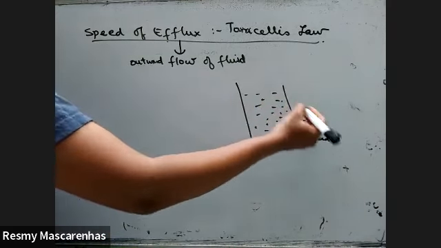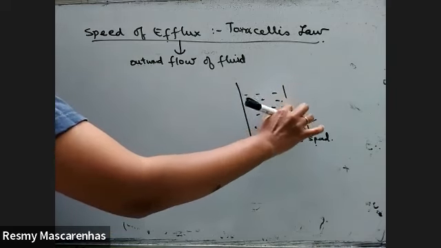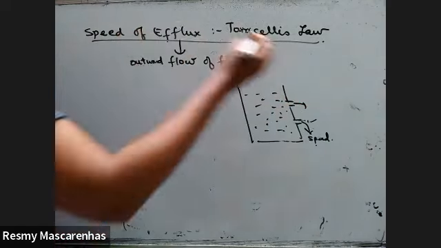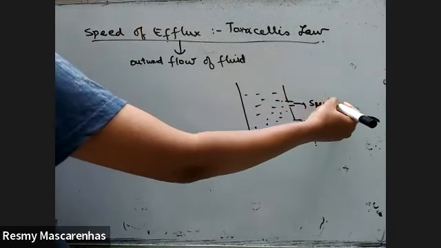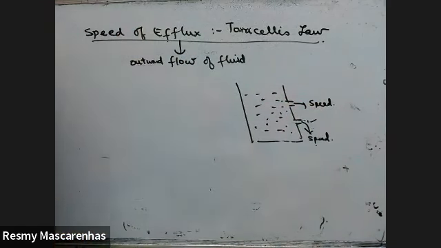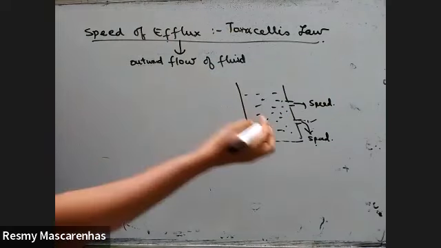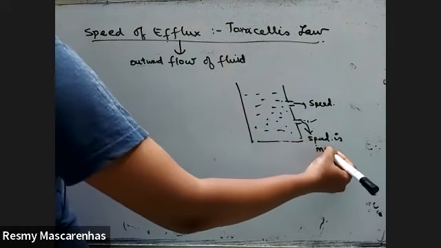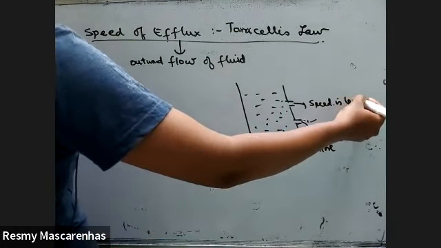First he tried here and calculated some speed. Then he tried here, maybe, and again some water flowed out. He checked the speed of that fluid falling out, and then he realized that the speed of the flow over here is more, and here it is less.